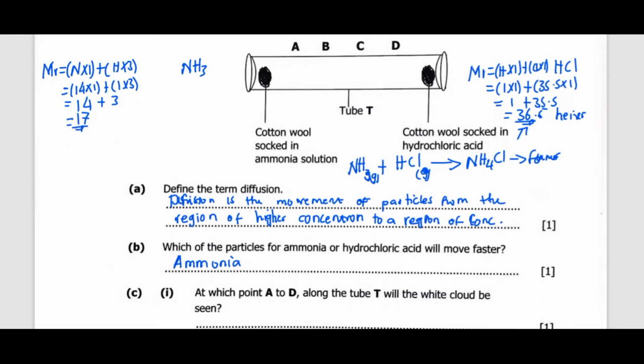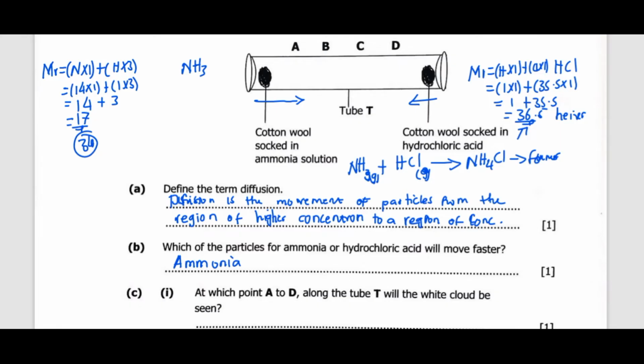We said this ammonia is moving in this direction. Then the hydrogen chloride is moving in this direction. And we said ammonia will move faster. So they are expected to meet at point C or D, since ammonia will cover about twice the distance of the hydrochloric. Why? We can see that 17 times 2 gives us 34, and 36.5 is about twice that number.